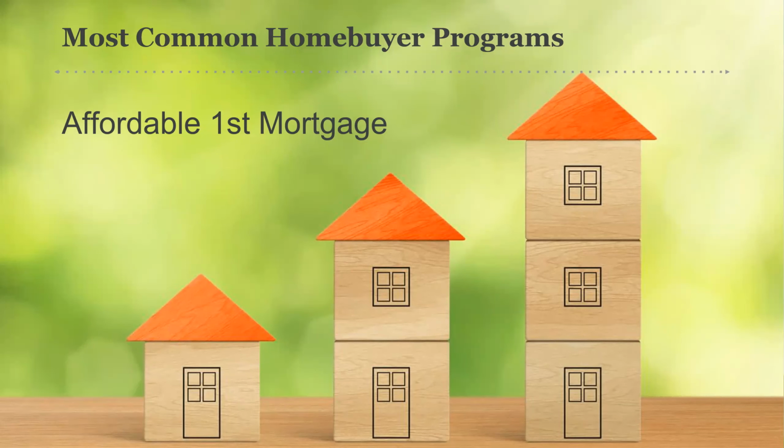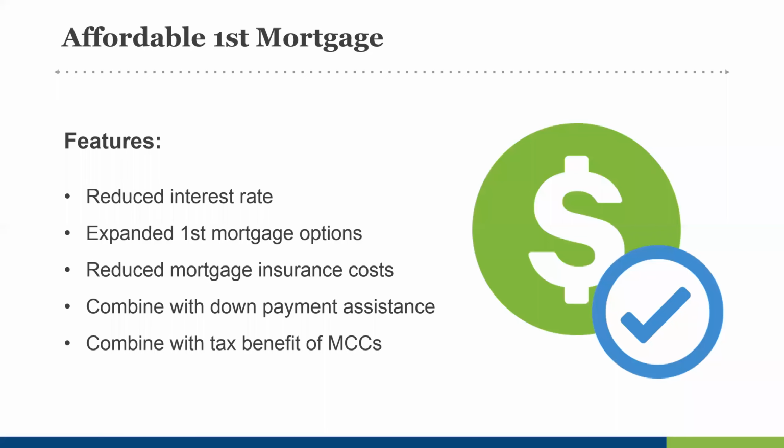Now, I do want to walk briefly through the affordable first mortgage, which is another kind of benefit or program that we track. And this isn't just your regular, conventional Fannie Mae or Freddie Mac loan. This isn't your FHA loan, your VA loan, your USDA loan. These are unique programs typically only available through your state housing finance agency that offer a number of features or benefits.